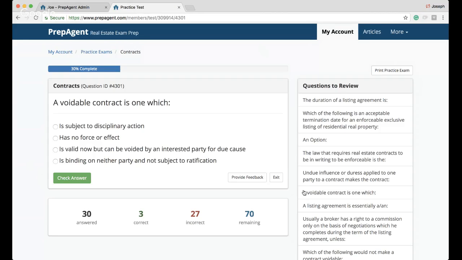Okay, a voidable contract is one which is subject to disciplinary action, has no force or effect, is valid now but can be voided by an interested party for due cause, is binding on neither party and not subject to ratification.